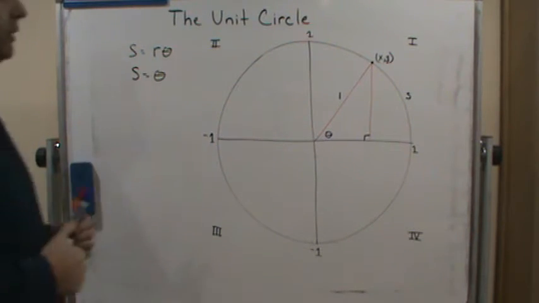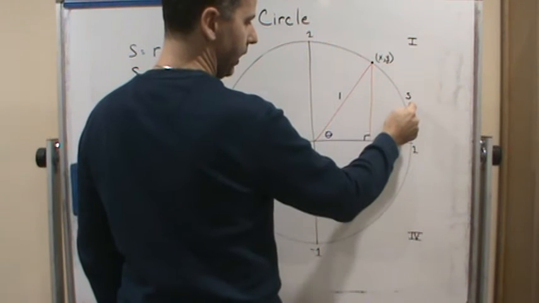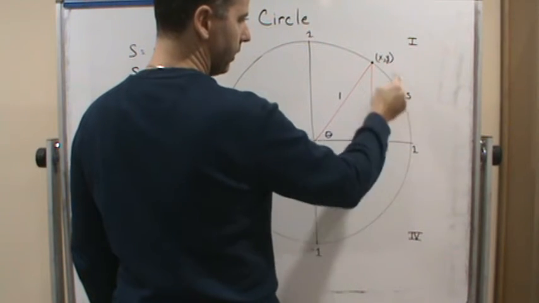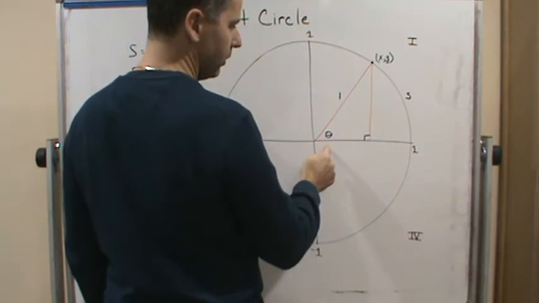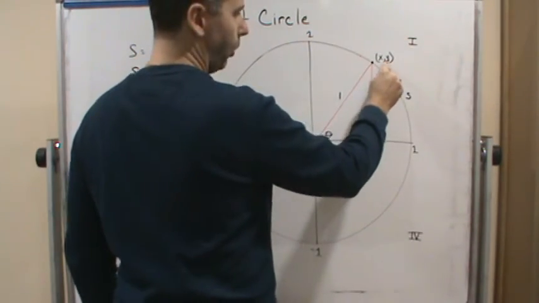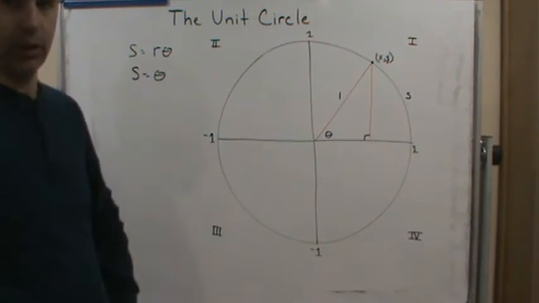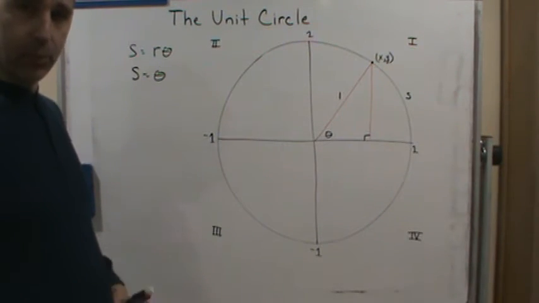So now, because we're dealing with the unit circle, we could treat the arc length as equal to the angle, and therefore we can write each one of these coordinates for any point along the circle as a function of the angle.